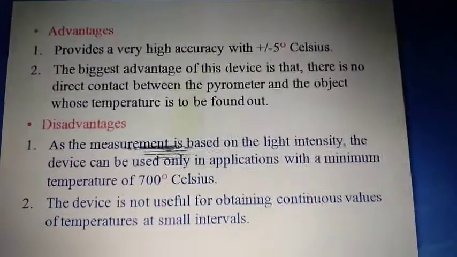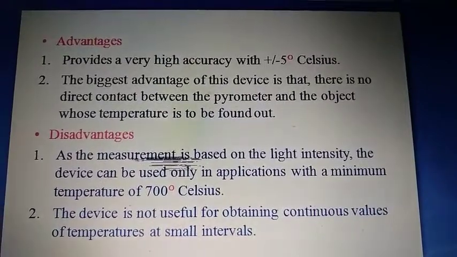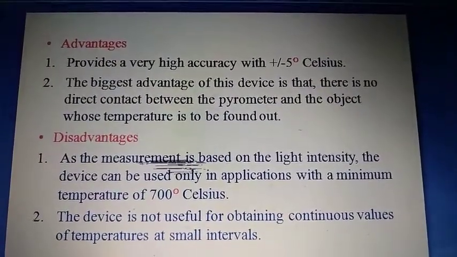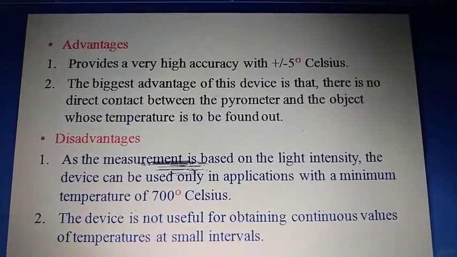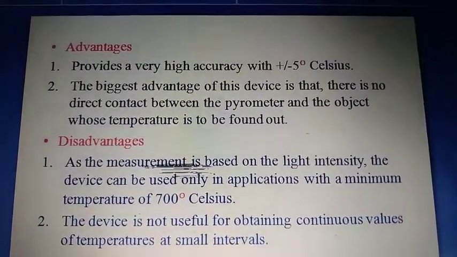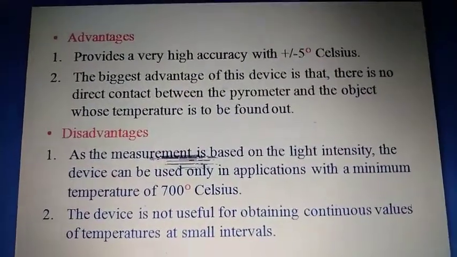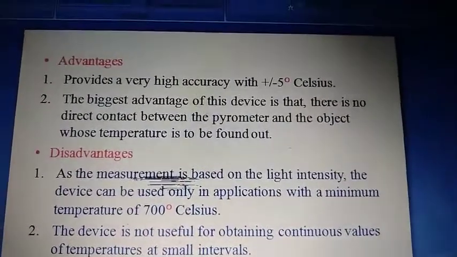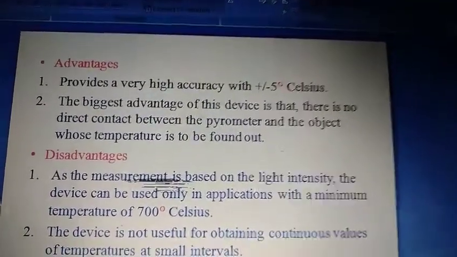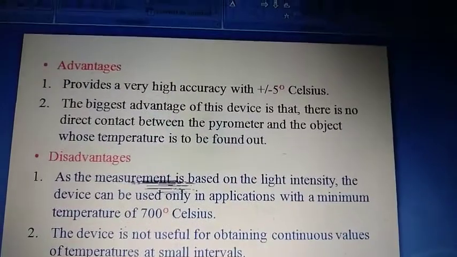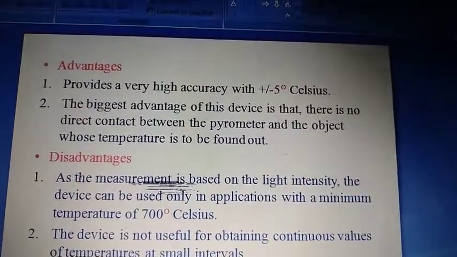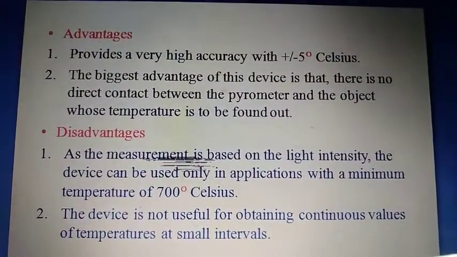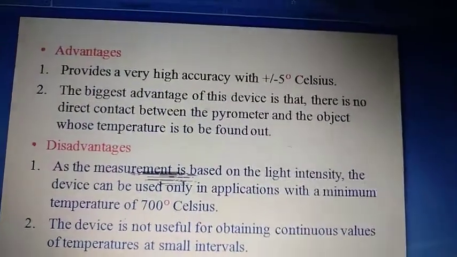The main advantage here is that you can place the instrument at any distance, so it can easily operate when the heat source is far from the system. One biggest advantage of this device is that there is no direct contact between the pyrometer and the object whose temperature is to be found out. That is the reason the other name of the optical pyrometer is contactless pyrometer.